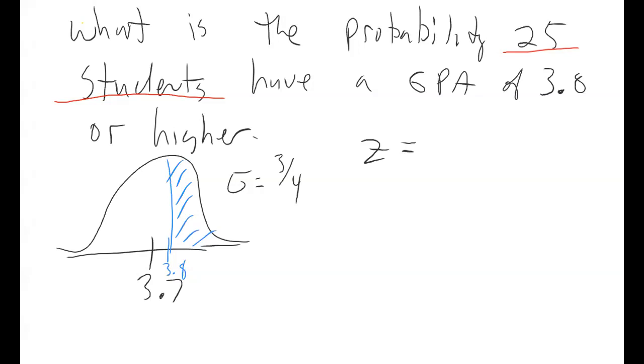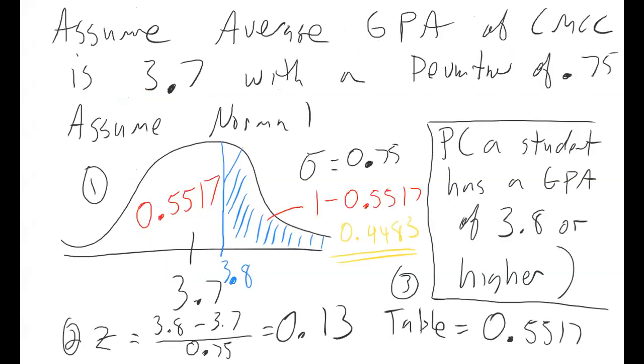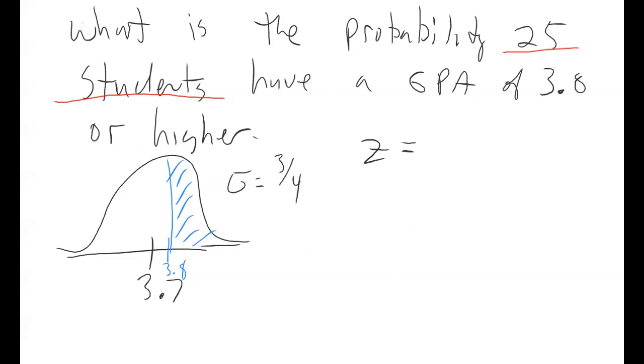It's less than 30. But why are we okay? Because it's a normal bell curve. On the original problem, the words assume normal were there. So because the parent distribution follows a normal bell curve, we don't have to worry about the sample size. So we are okay. This is a central limit theorem problem.